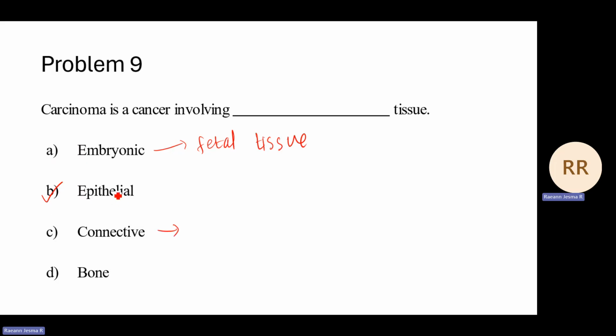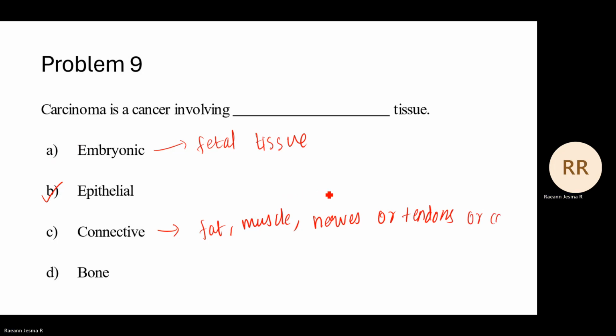Connective tissue means cancer will occur in fat, muscle, nerves, or tendons, or even in cartilage. Epithelial tissue is a tissue that is lining all the organs, vital organs. Okay, so bone cancer is generally called osteosarcoma.